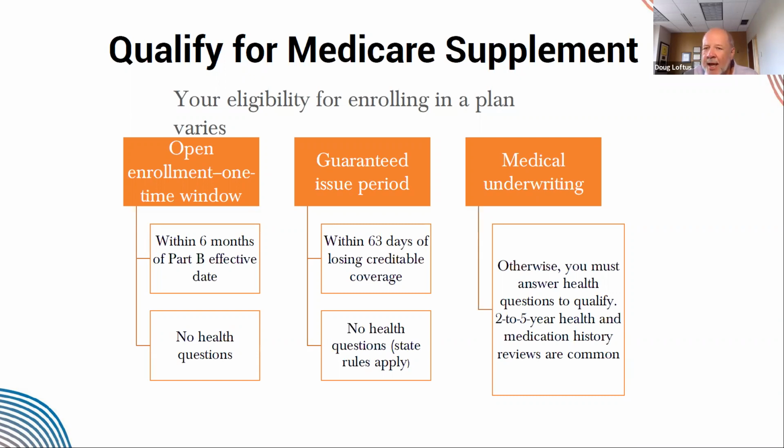Otherwise, if you try at some later date to enroll, and we'll discuss Medicare Advantage and supplements and switching back and forth in an annual enrollment period, they are going to ask you the typical medical questions. Have you had any health conditions? You're going to have to go back and disclose medical information, and they have the option to not provide the coverage at the normal cost for a supplement. So that's a critical element to know as we get into switching.